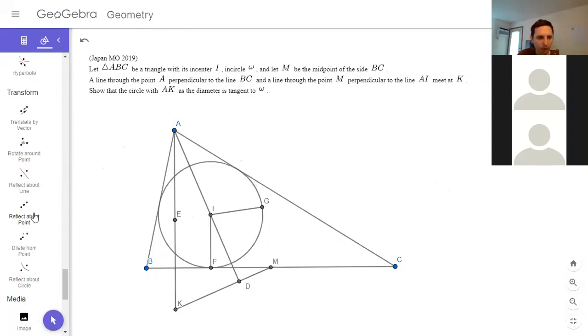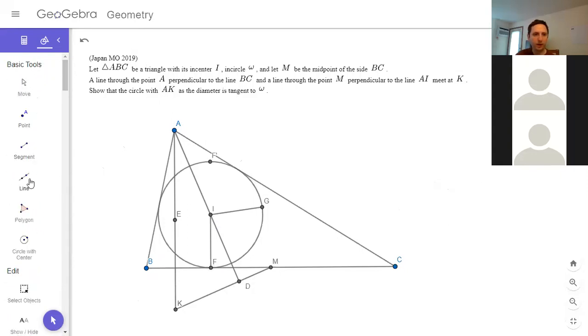So hold on just a sec. So F prime is the topmost point, and I will let AF prime intersect the incircle at G. And then can we show IFMG is cyclic? So that's the same as showing MG is tangent to the incircle.